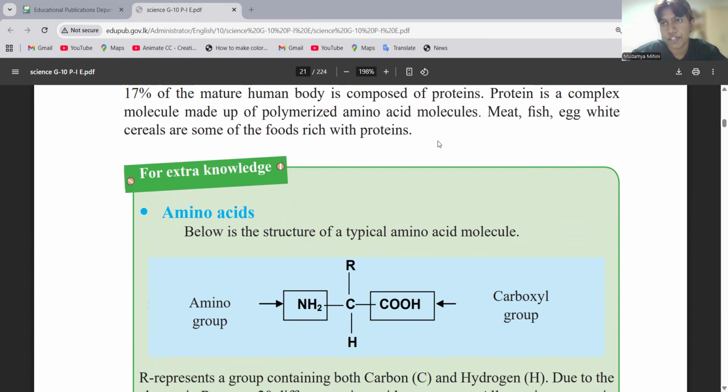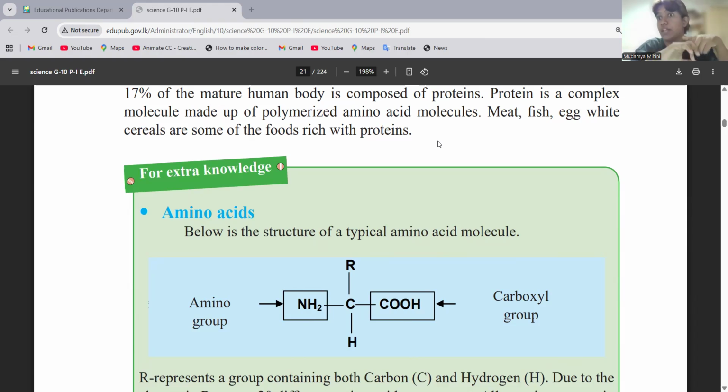Oh yeah, proteins you know, right? They're in meat, fish, eggs, that we eat. Personally, in my school here in Korea, in the morning we always have breakfast. I eat breakfast from my school. Because I eat a lot of eggs, my friends are like, "Oh my God, Mahini, you're getting a lot of protein."